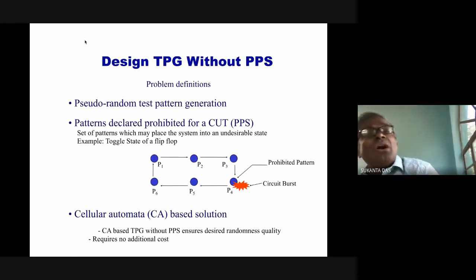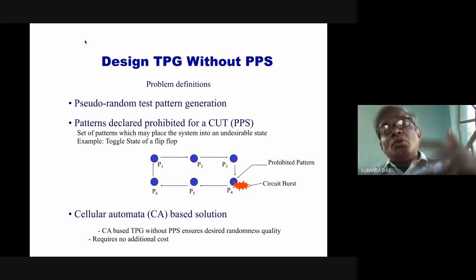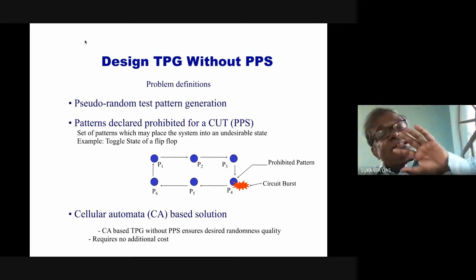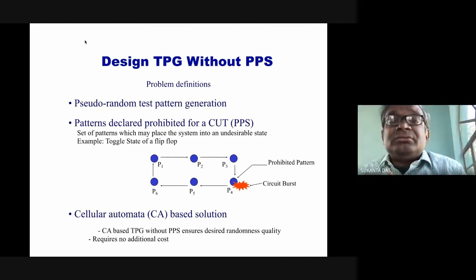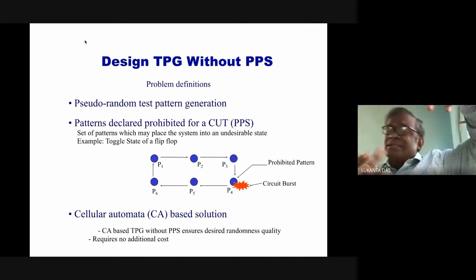See, what we are doing for testing of a circuit, we are supplying some test patterns. The patterns are testing some part of the circuit, and then it is giving some output.